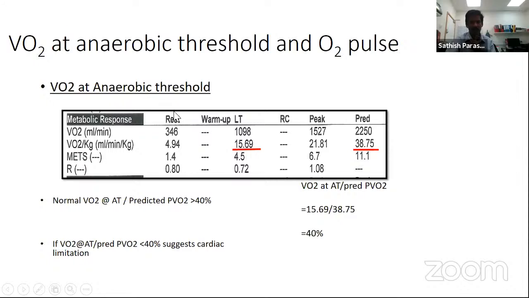Now, in this patient, these are real patient results here. It shows the oxygen consumption in milliliters per kilogram per minute at anaerobic threshold, otherwise called lactate threshold. It is 15.69 milliliters per kilogram per minute, while the predicted oxygen consumption is 38.75 for his age and sex.